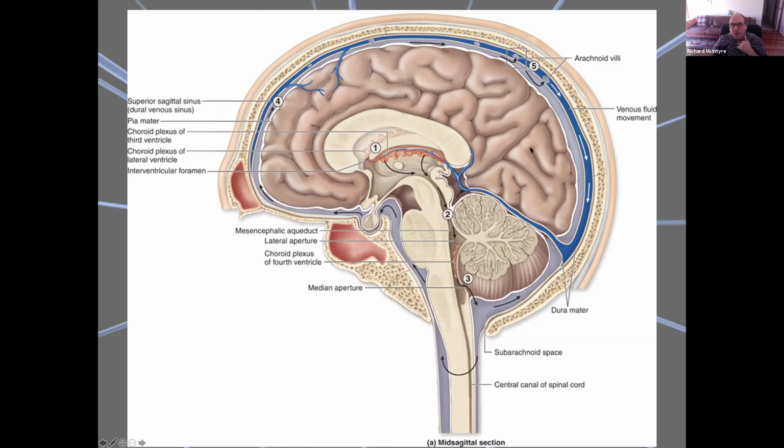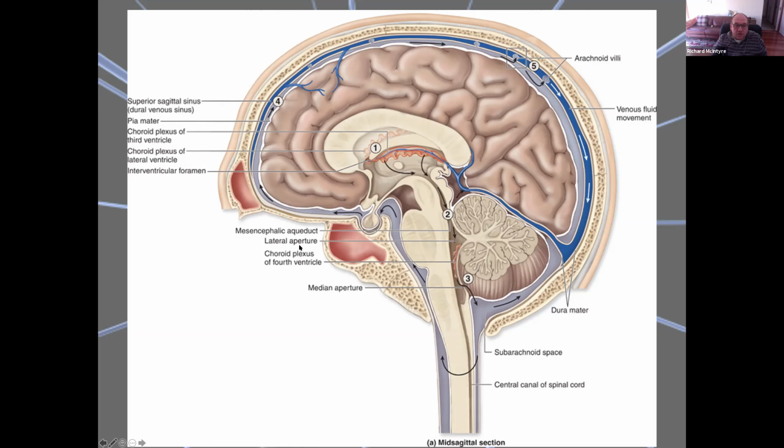We've got the occipital lobe, the parietal lobe, the frontal lobe. That's a midline sagittal, so we don't see the temporal lobes, the cerebellum, okay?